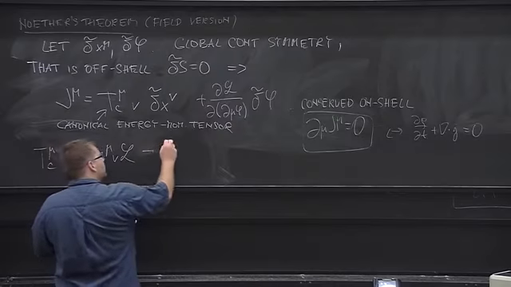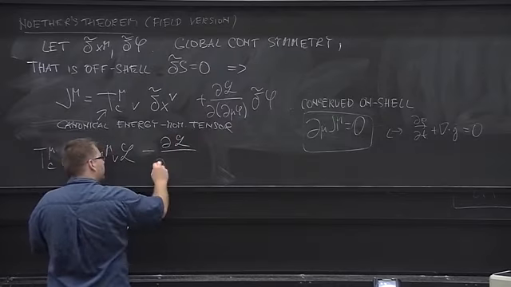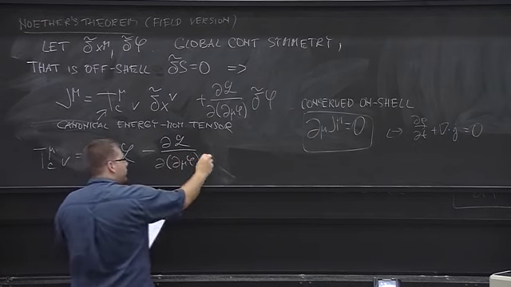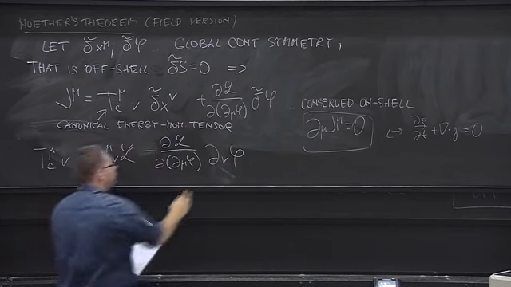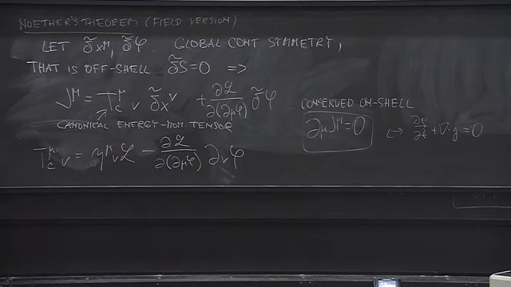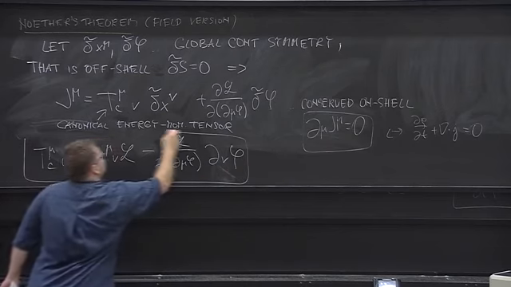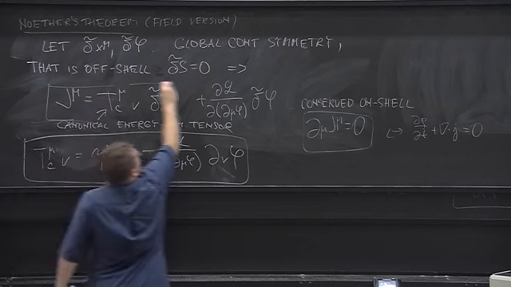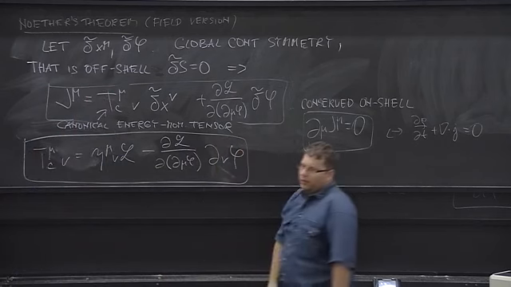And then minus dL over d d mu phi, and then d nu phi. Okay, so this is a beautiful formula for the canonical energy momentum tensor, and this is an even more beautiful formula for your conserved current.